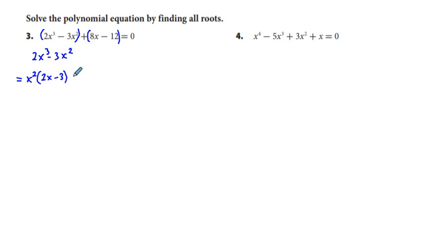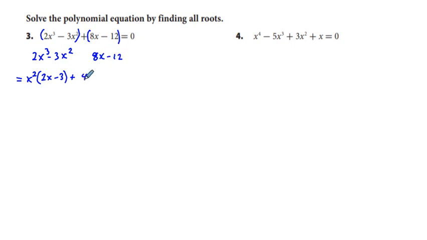And then we're going to add this here, and we have this next group, which is going to be this 8x minus 12. What is our greatest common factor here? Well, our greatest common factor here looks like 4. Yeah, 4, right?